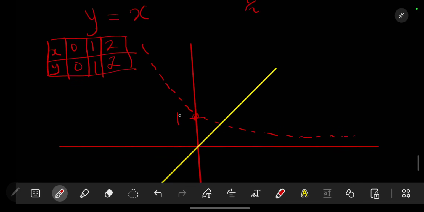So 1, 1. So the two graphs, always, if you have y is equal to 1, they will meet at this point where the value here is equal to positive 1. But here it is equal to positive a half. So this is the meeting point, where the three graphs meet.